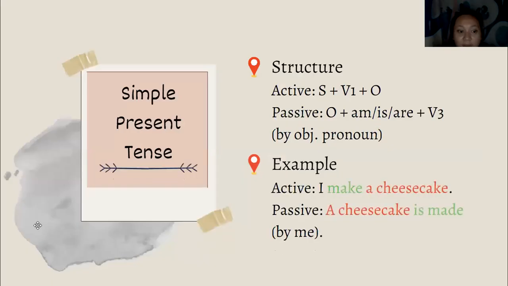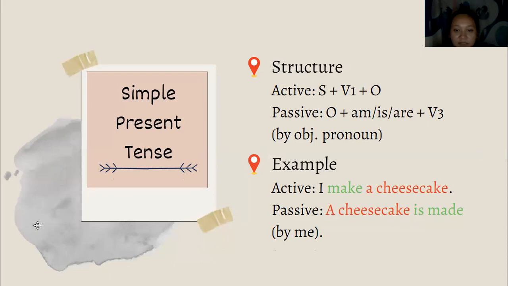So, what is the structure of the simple present tense of passive voice? The active structure is subject plus verb 1 plus object. The passive one is object plus to be plus verb 3 or past participle, followed by by plus object pronoun.